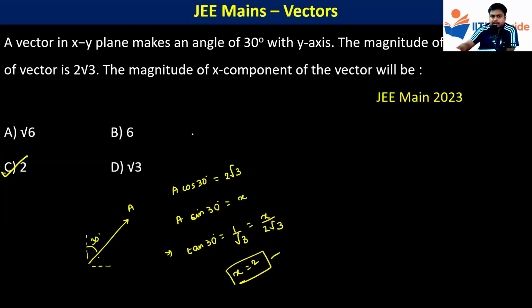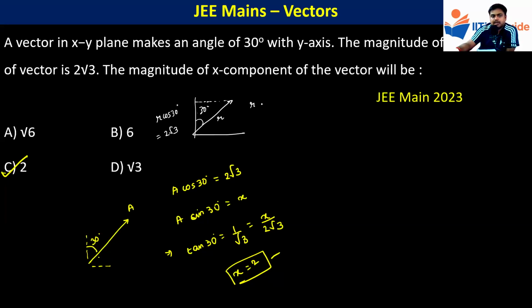A vector in the xy plane makes an angle of 30 degree with the y-axis. So this with the y-axis, it's 30 degrees. The magnitude of the y component of the vector is 2 root 3. Okay, so let it be r. So we have r cos 30 degree is 2 root 3.